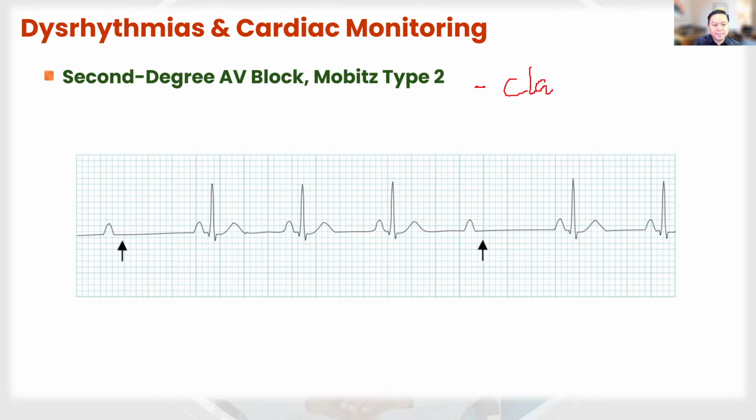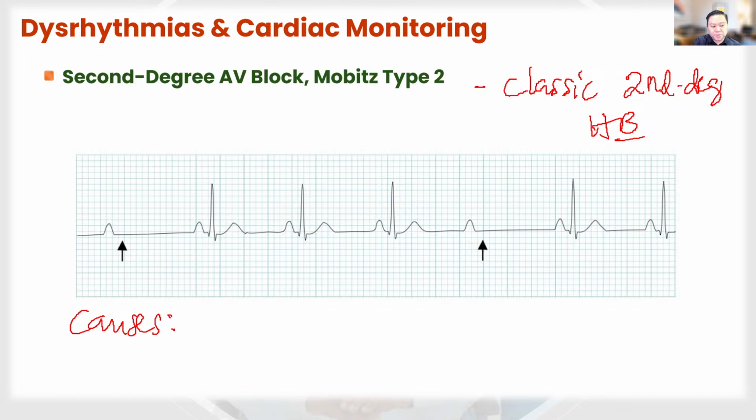And this is a result when a conduction disturbance in the His-Purkinje system causes this intermittent blockage of the electrical impulses.